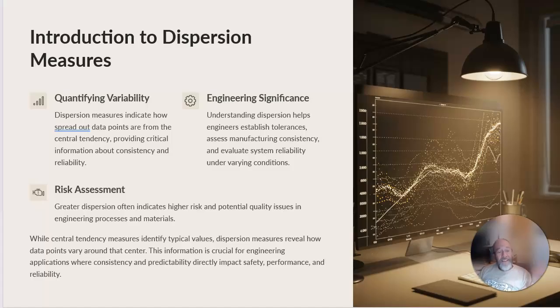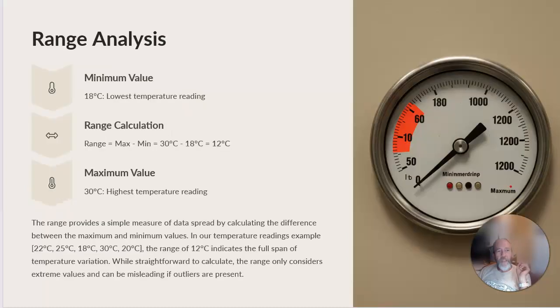Now, it has a significance because the broader that is, and the reality is if there is a high level of variability, especially in engineering systems, there's a greater level of challenge in actually dealing with it.